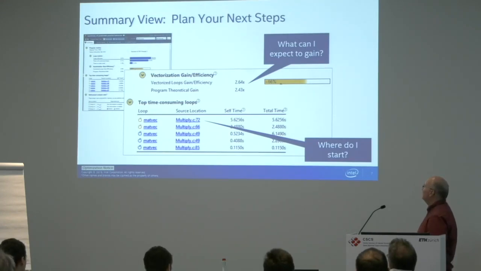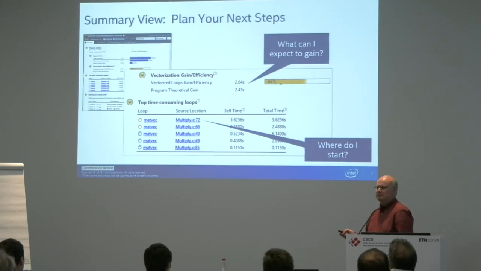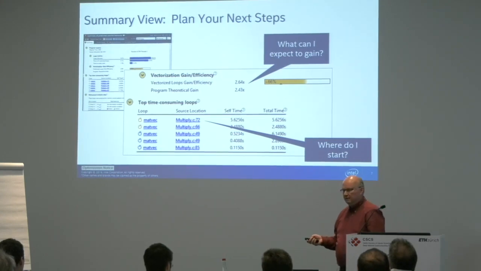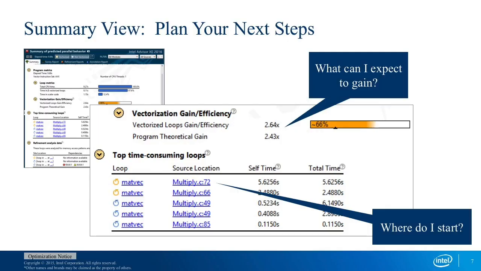There's something more. If you open it, you get the GUI, you get the summary view. So just a word in between. My way of working with Advisor or even with VTune is that I'm using most of the time the command line and generate results with command line, and then take the results to my laptop and view it there, because sometimes it can be annoying, if it's in a remote cluster, to start the GUI there.